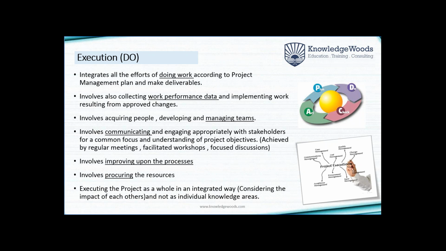And more importantly, continuously he has to engage with the stakeholders. Stakeholder does not mean only the customer. Stakeholder means team, customer, vendors, suppliers, sponsor, senior management. So it means almost everyone, a 360-degree view.